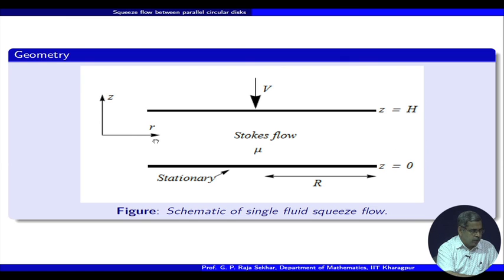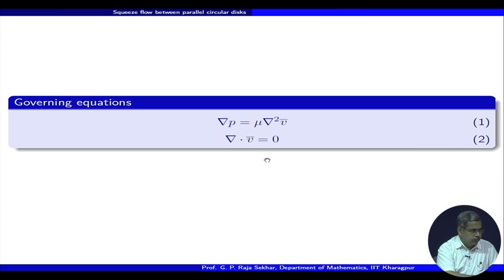So we have the corresponding geometry here, where this is r and this is z. With this configuration, this plate is stationary and the disk has a velocity in this direction. We are assuming Stokes flow with viscosity mu.